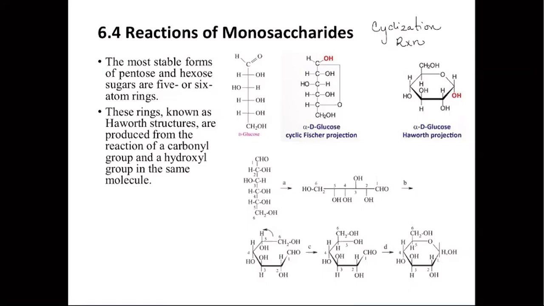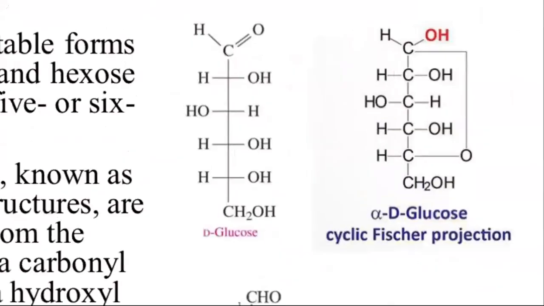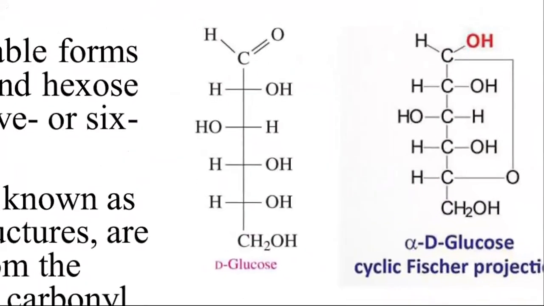Okay, so going back to the cyclization reaction. So here we have the molecule of glucose, okay? We can see that glucose has, as we mentioned before, this area of the molecule, which is an aldehyde.